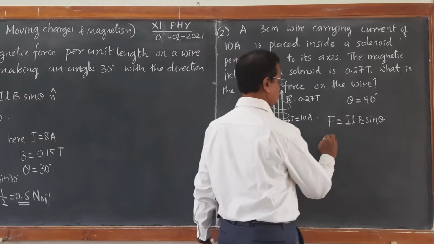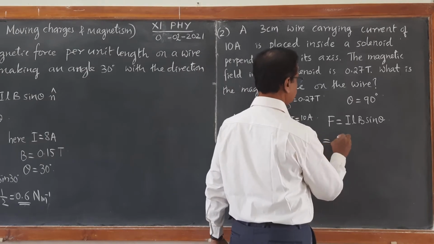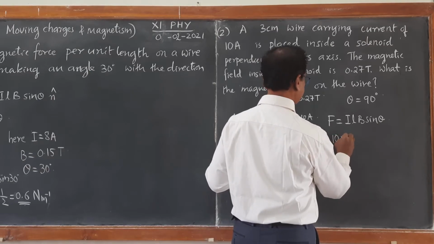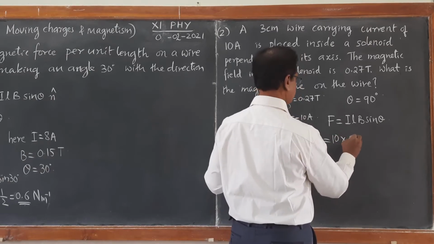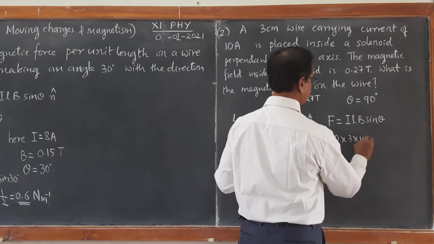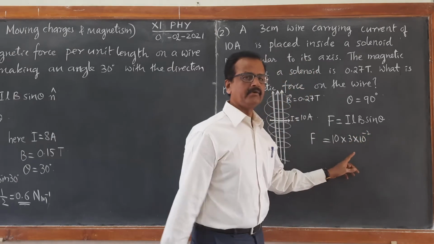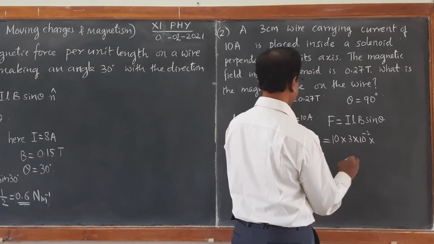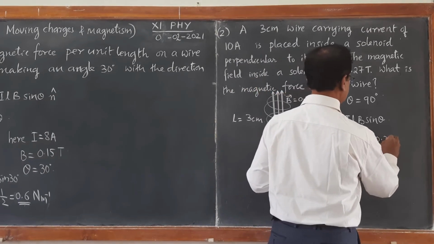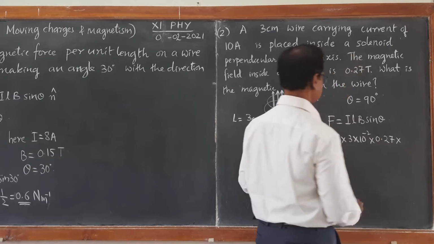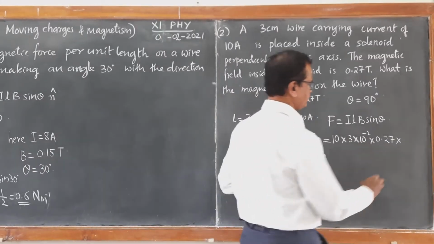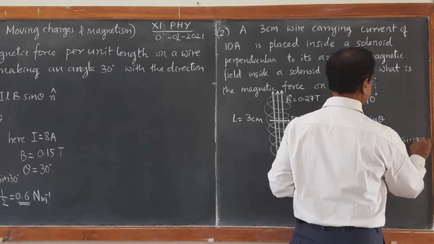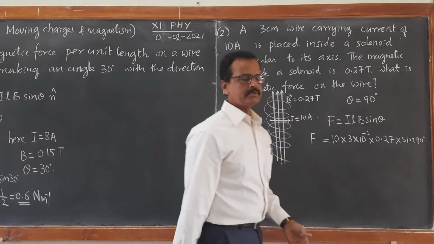F becomes current 10 into length 3 centimeter, which you should convert into meter, 3 into 10 to the power of minus 2 meter, into magnetic field 0.27 Tesla into sin 90.